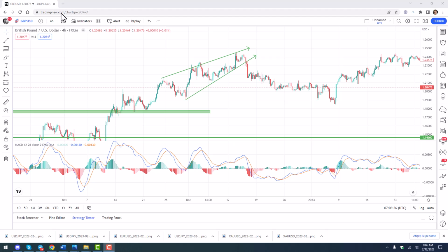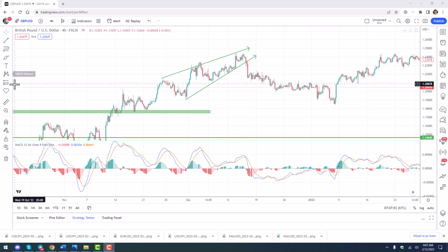On the screen we have GBP USD, and as we can see also here we have a rising wedge, so a reversal pattern. Also here we have divergence. We have this high, and this high here is not confirmed by this high from MACD.